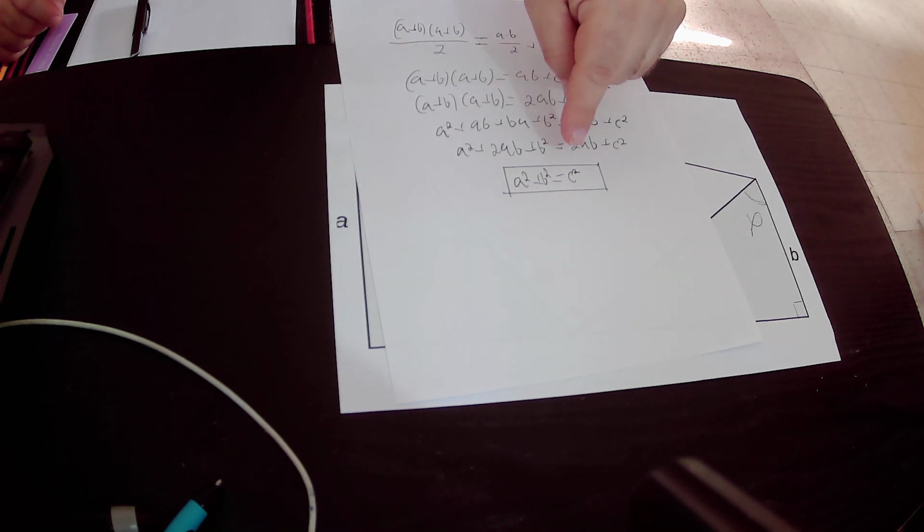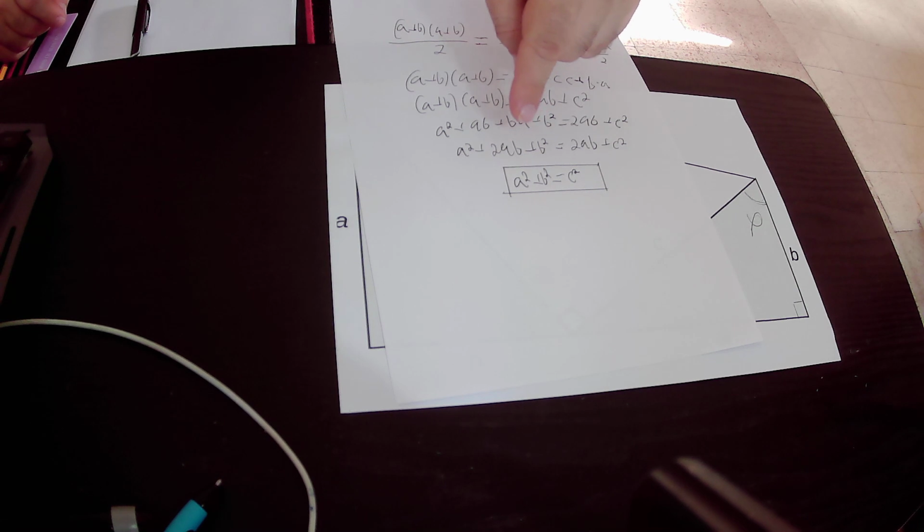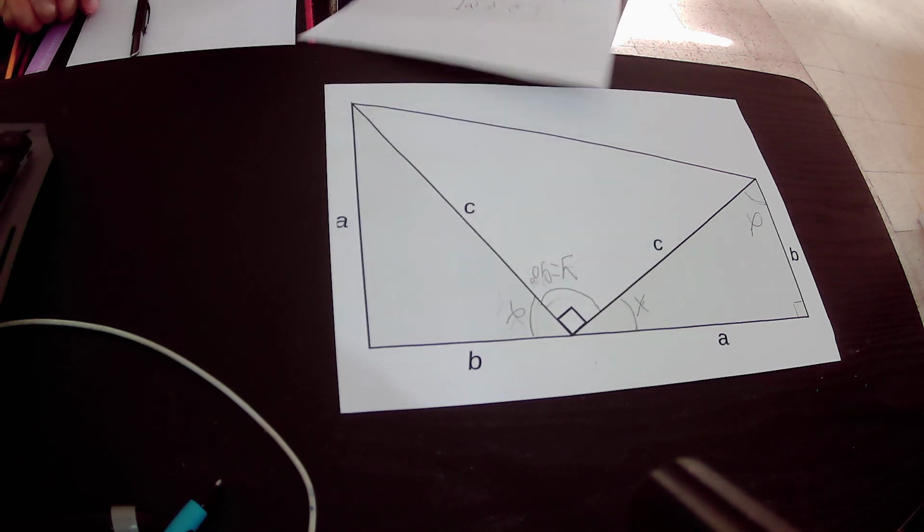Again, the square of the hypotenuse equals the sum of the squares of the perpendiculars. C squared equals A squared plus B squared.